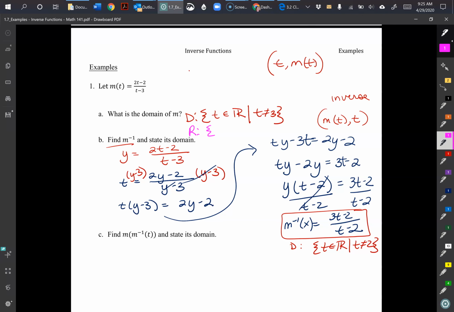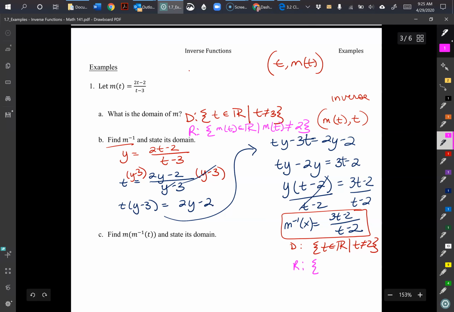So we could write it, m of t is an element of real numbers such that m of t, or you could just say y is fine too, is not equal to 2. So just note that. What my range for the inverse would be is my domain. See, it switches. So all the x's become the y's in the inverse.